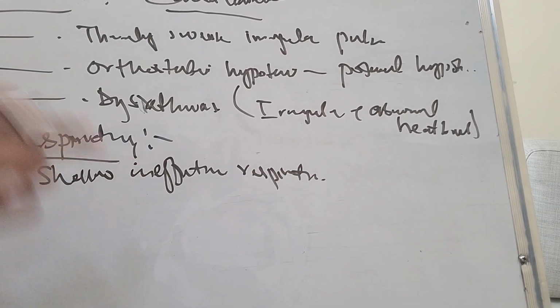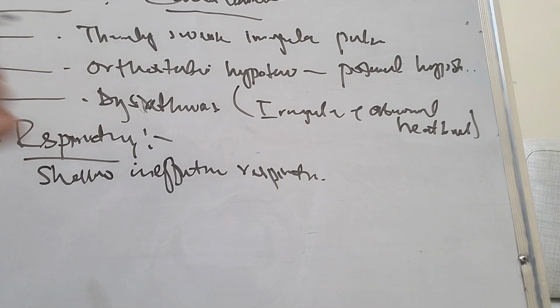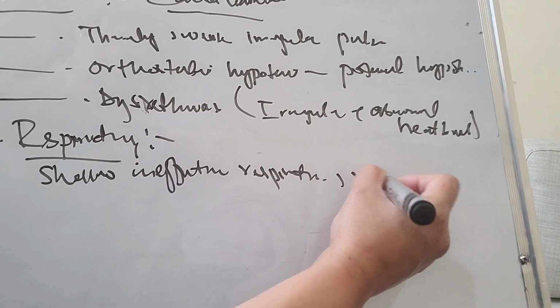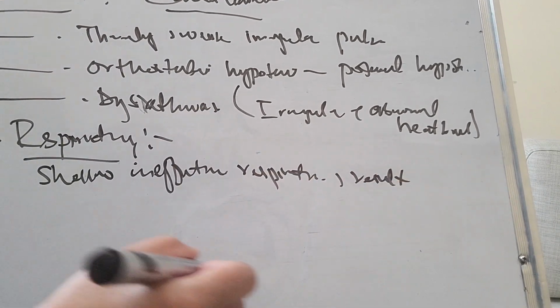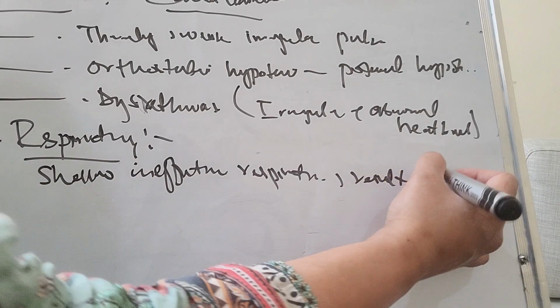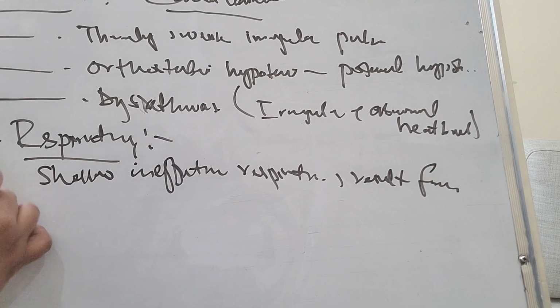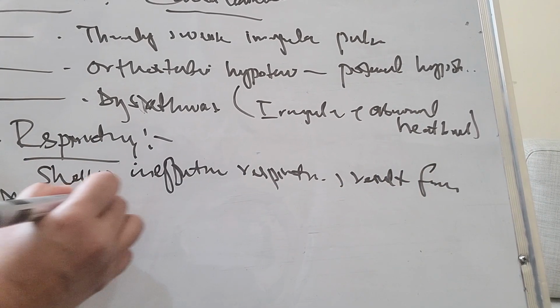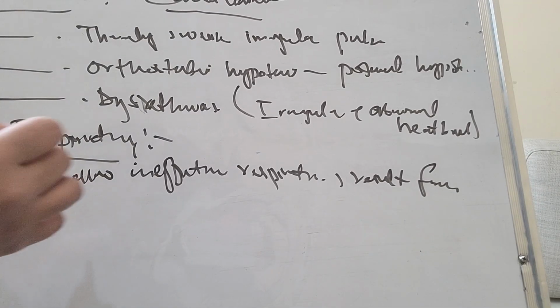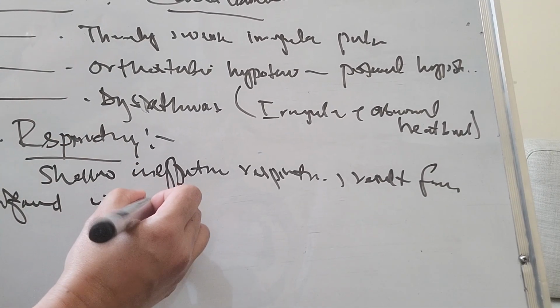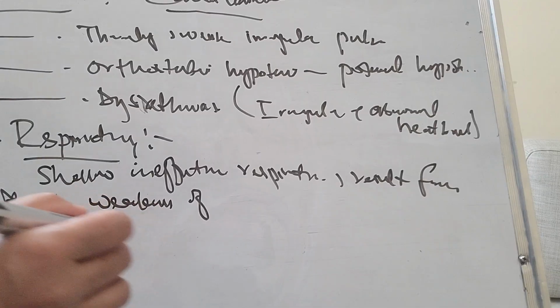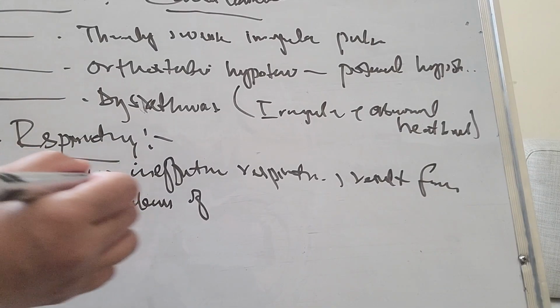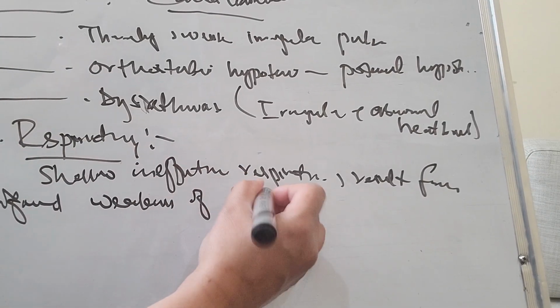Why do we have shallow, ineffective respirations? They result from profound weakness of the skeletal muscles of respiration.